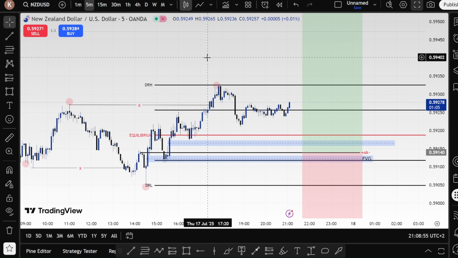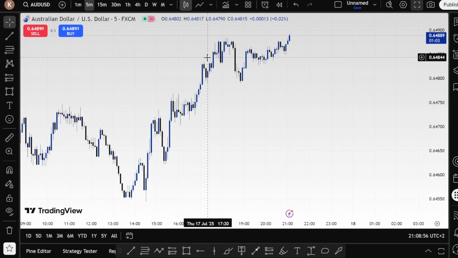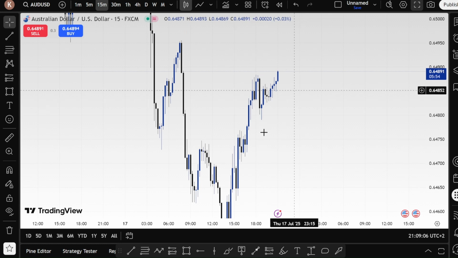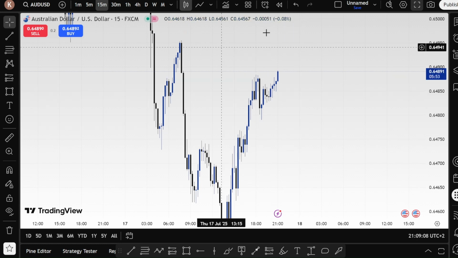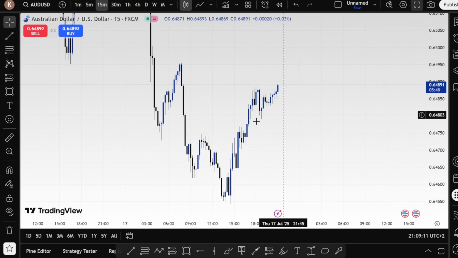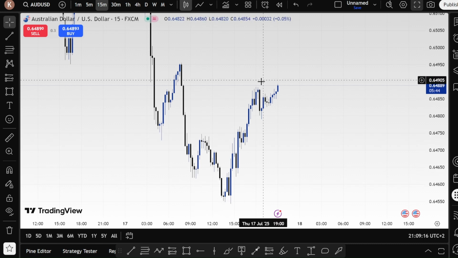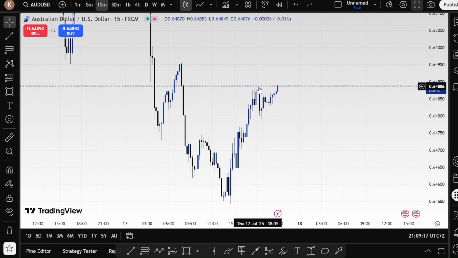Then we're going to go to the Australian. So basically, if you can see here in the Australian, it's pretty much the same thing, but you can see price is still on a continuation momentum. So basically, it's still continuity. There's this high and these old highs, old lows, which take us to this initial high, which recently got taken.